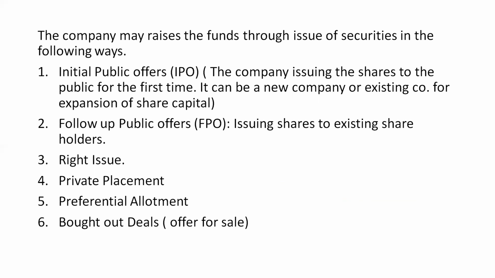An initial public offer may be made by a new company creating fresh share capital, or by an existing company expanding its share capital. Whenever an IPO has to be made, the capital clause in the memorandum of association and the methodology of issuing shares in the articles of association must be clearly satisfied. Therefore, an initial public offer is more technical in nature.